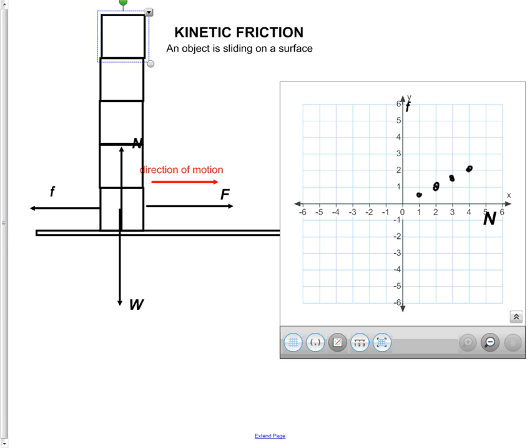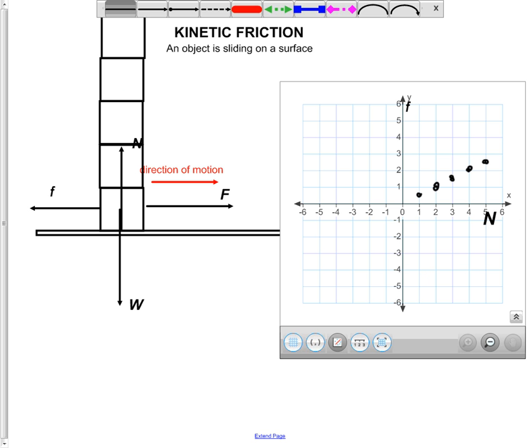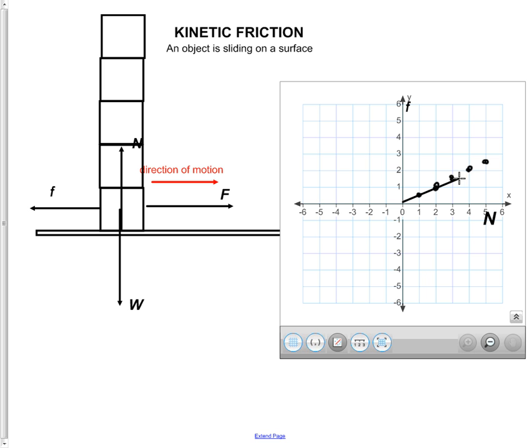So I get another point. And now it looks like I have enough data here to see what's going on. If I draw a line through those points, look how nicely they line up in a straight line.